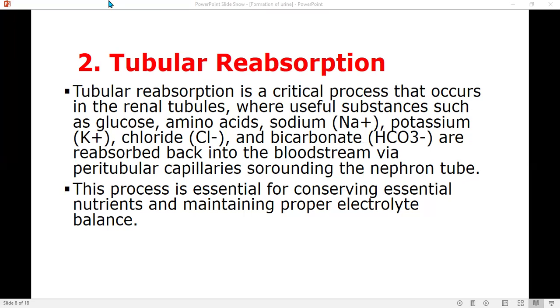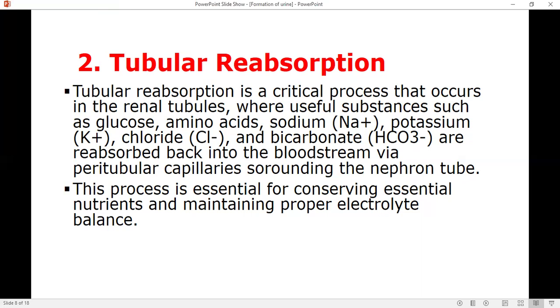Okay, are we together? Yes, we are. Okay. So these important substances are still important in the bloodstream. They need to get back.